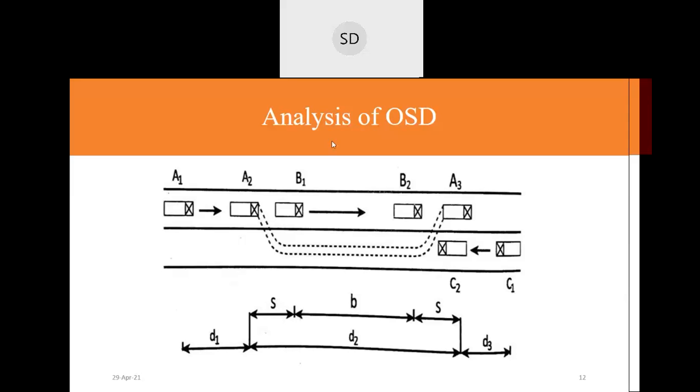And vehicle B is moving with a lower speed, suppose VB meter per second. Initially, vehicle A will come to position A2. He will observe the speed of vehicle B, reduce his speed, and follow vehicle B, maintaining a clear distance between A2 and B1.